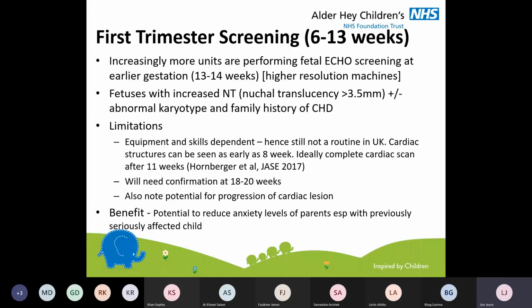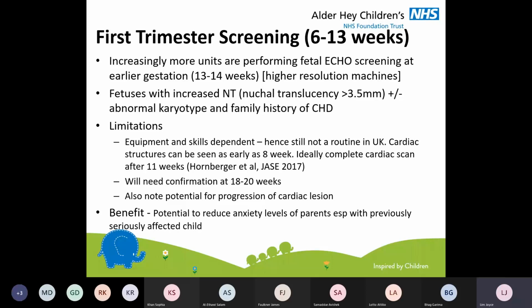The reason it is becoming more possible is that we now have higher resolution machines, and the fetal cardiologists and fetal cardiac sonographers are getting better, so you're able to recognize anomalies at a much earlier gestation. They are mainly fetuses with increased nuchal translucency, an abnormal karyotype, or a family history of congenital heart disease.